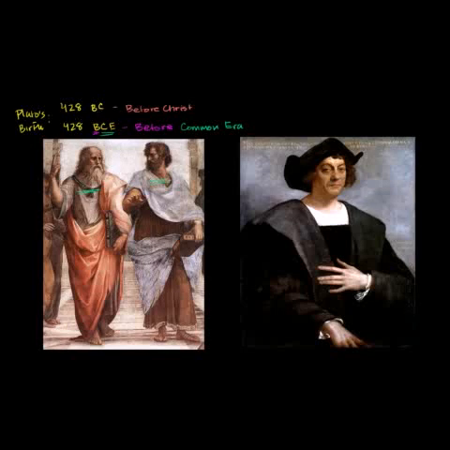Similarly, this right here is a painting of Christopher Columbus. And if you were to look up in history books, well, when was his first voyage, and when did he first show up in the New World, finding an island in the Bahamas? You would see it written as either 1492 or AD 1492 or 1492 CE.